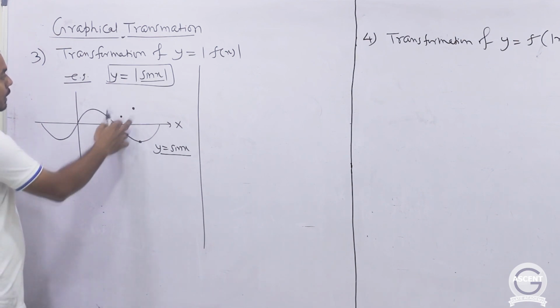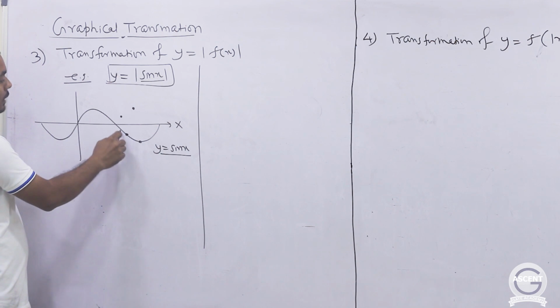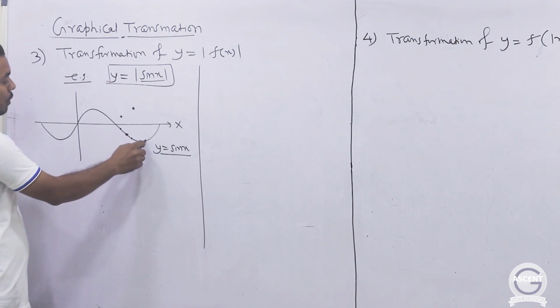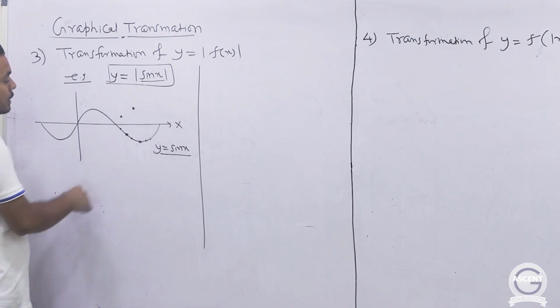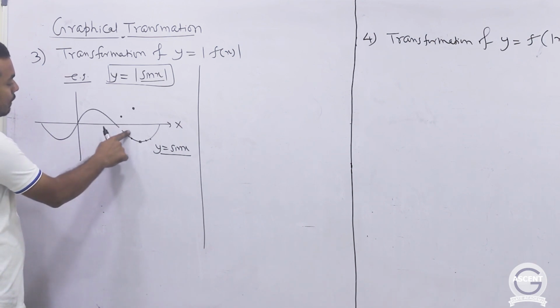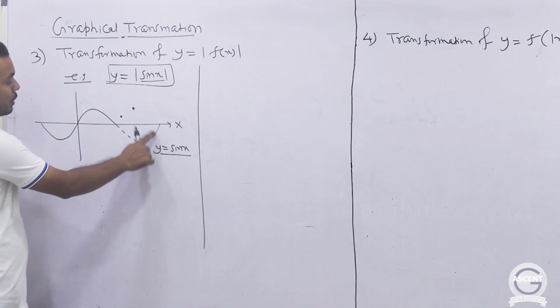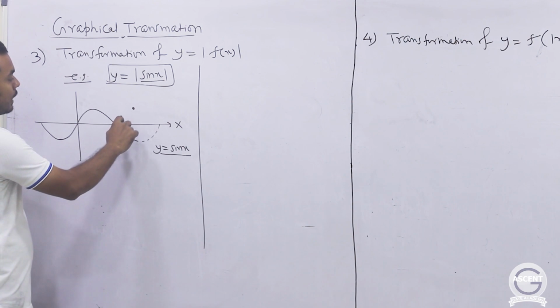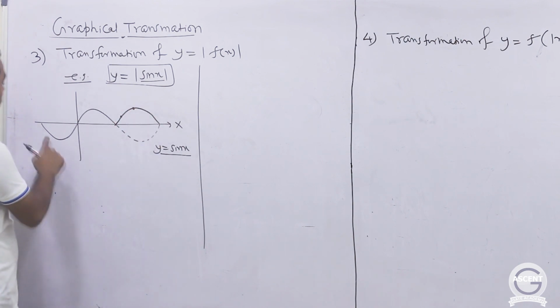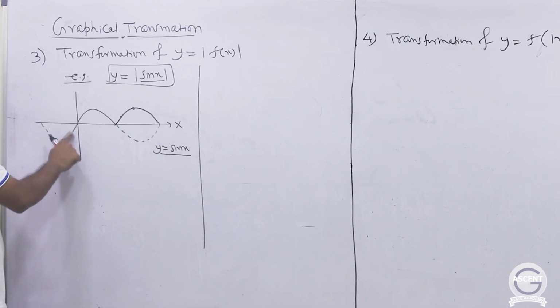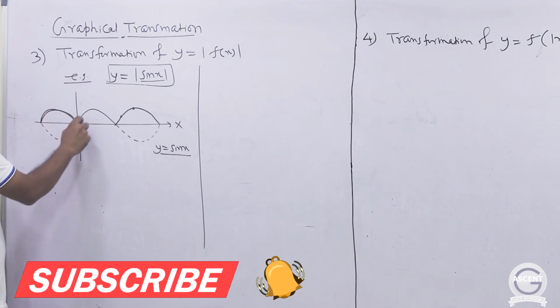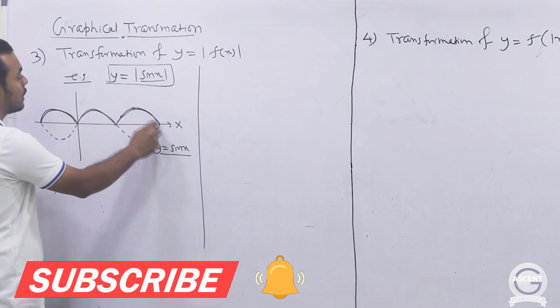So for this function mod sin x, you have to take the image of all these points in the x axis. So first step, you have to erase this portion of the graph which is below the x axis and then take its image in the x axis. Similarly here also erase this portion of the graph and then take its image in the x axis. So this will be your graph of y equals mod sin x.